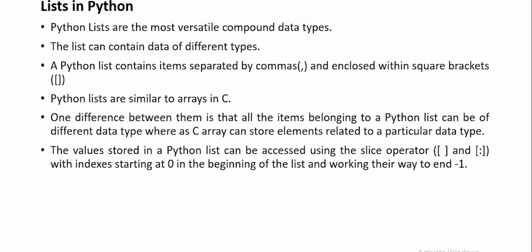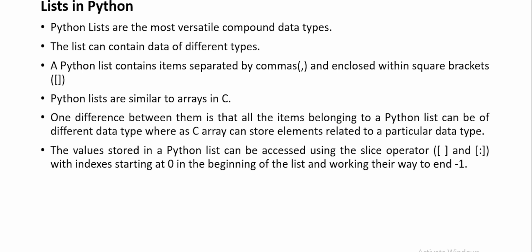Now what is the syntax of the list in Python? You can use brackets, and the values can be inserted using commas. Python lists are similar to arrays in C, but what is the difference?